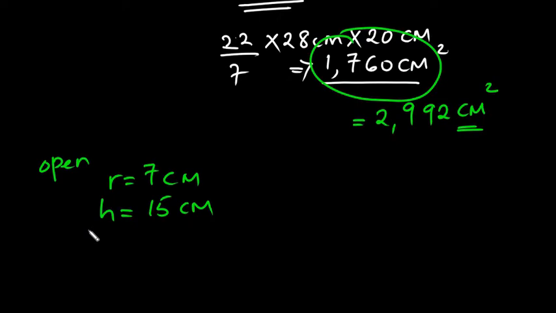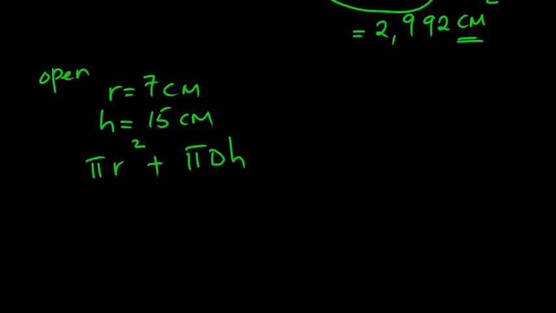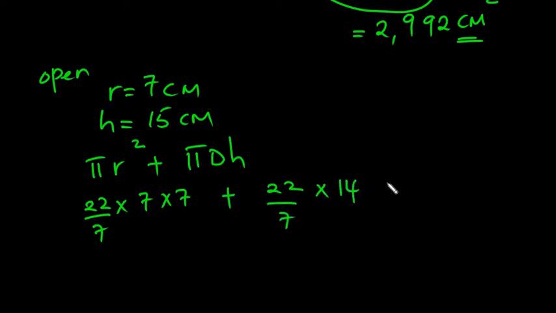Let's start by calculating the area of that circular part. It's pi r squared, that is the area of the circular part, plus pi d h, that is the area of the curved surface. So it's going to be 22/7 times 7 times 7, plus 22/7 times 14 times 15.